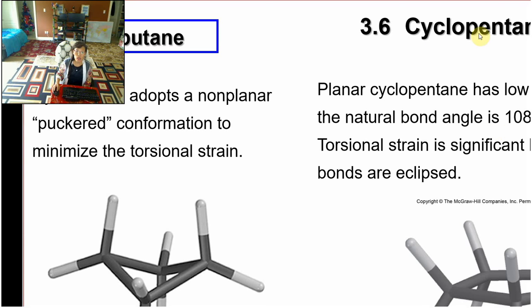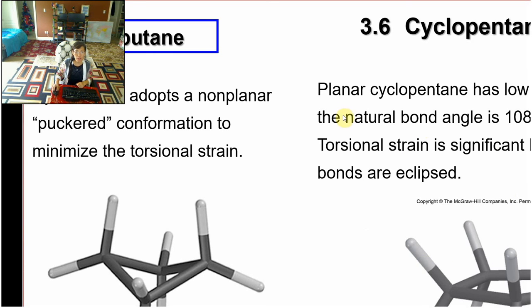And the third important alkane is cyclopentane. Cyclopentane, just imagine by forming a planar cyclopentane, the bond angle actually is about 108 degrees. So this bond angle and your 109 degrees for your tetrahedral carbon's preferred bond angle are very similar to each other.